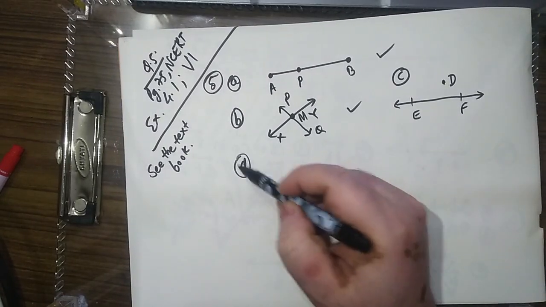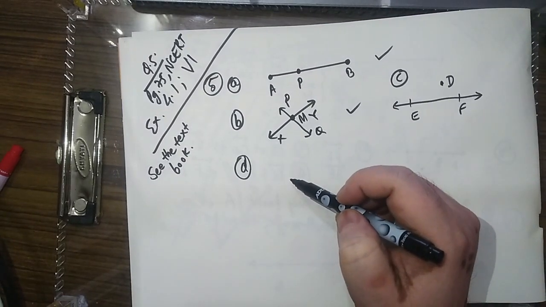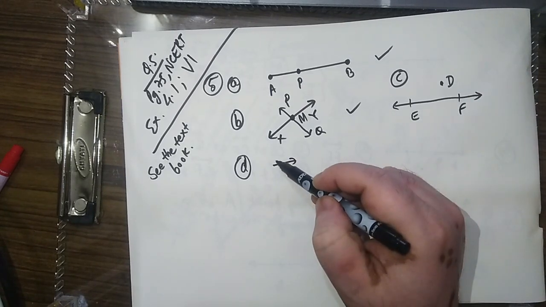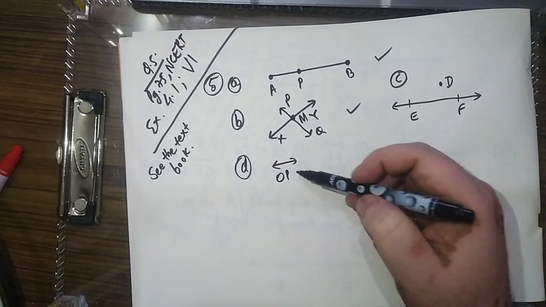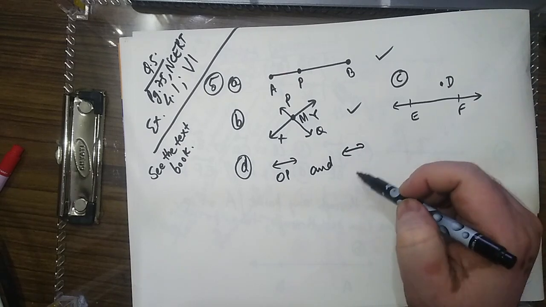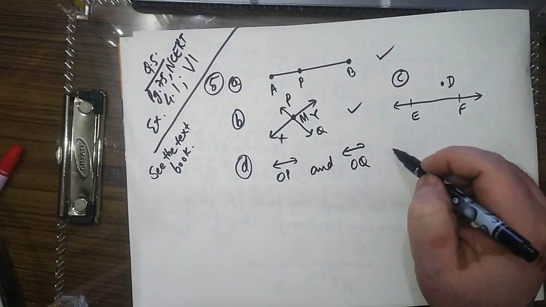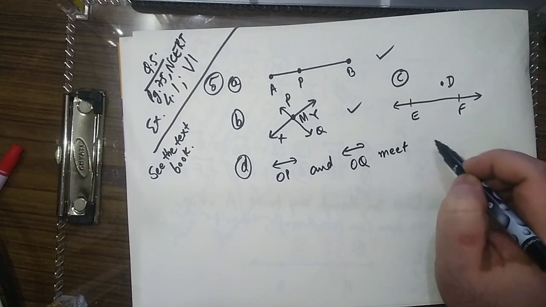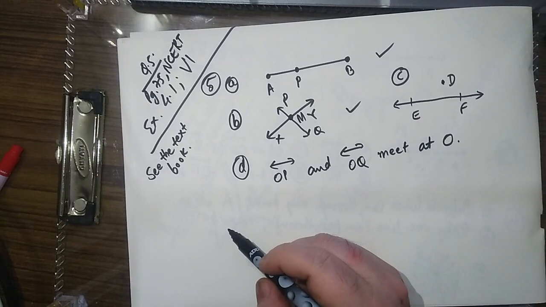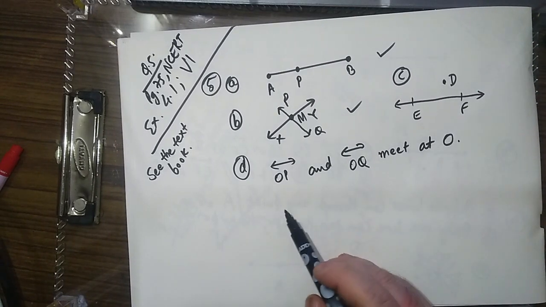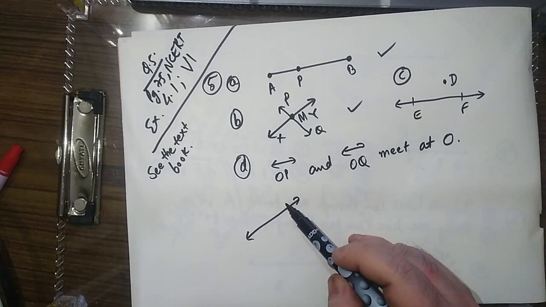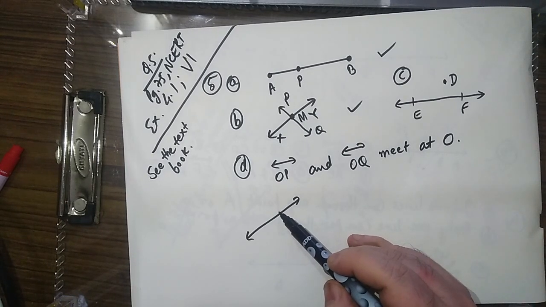Then question number D. Line OP and line OQ meet at O. So line OP and line OQ.